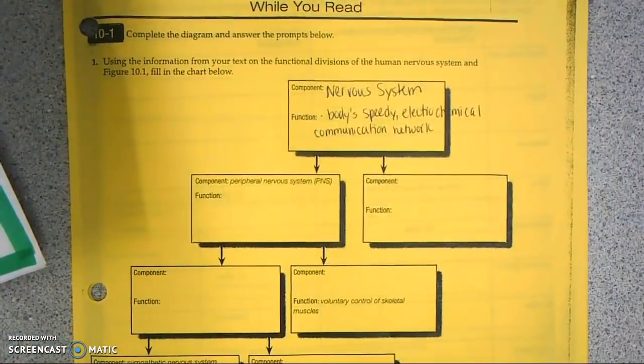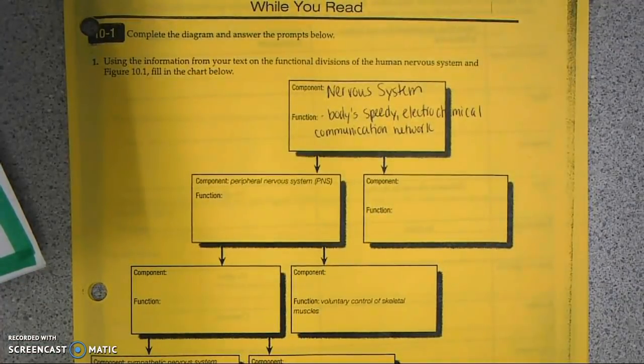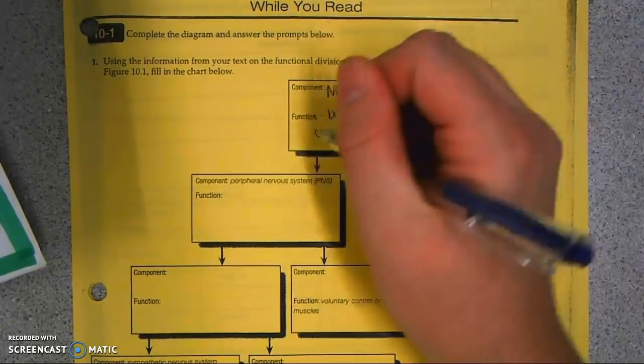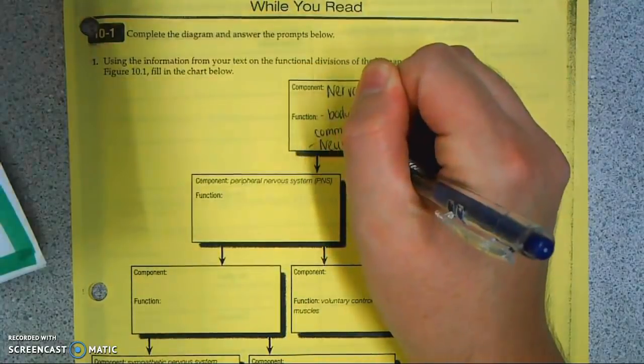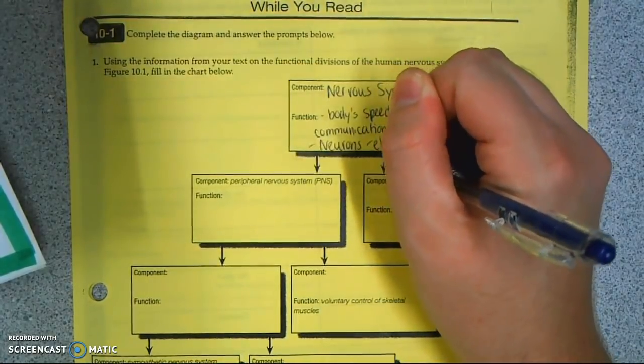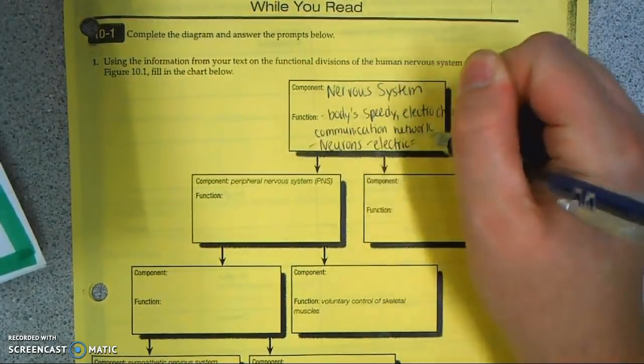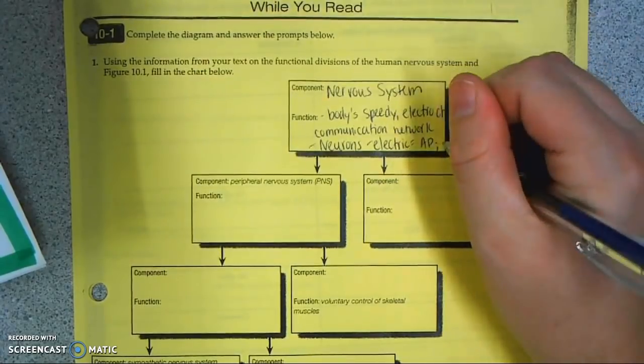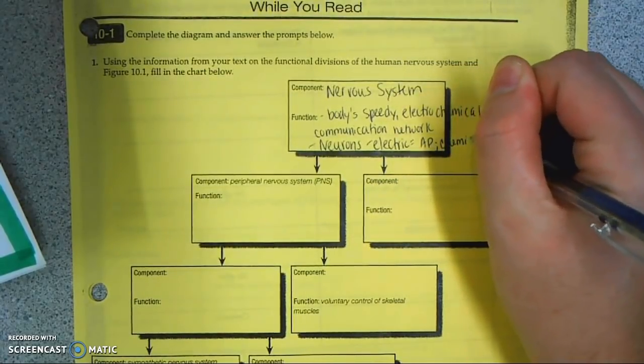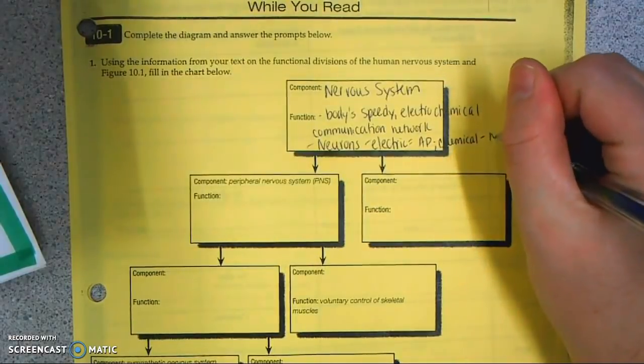Just a reminder, it uses neurons, and the part that's electrical is the action potential, and the part that is chemical is neurotransmitters.